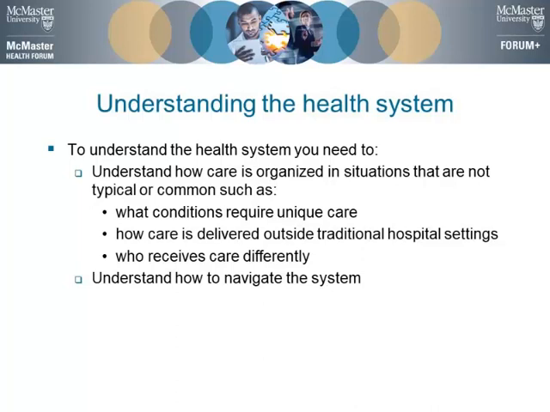To understand the health system, you need to understand how care is organized in situations that are not typical or common, such as what conditions require unique care, how care is delivered outside traditional hospital settings, who receives care differently, and understand how to navigate the system.